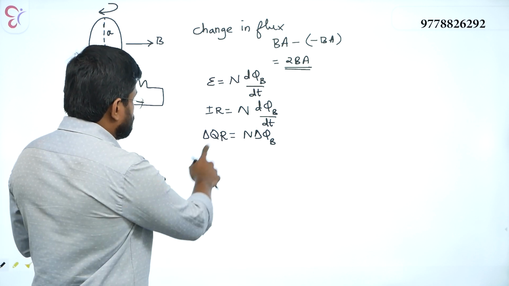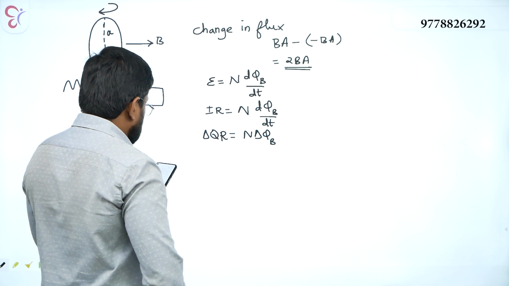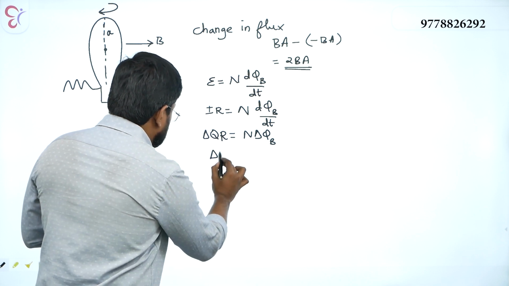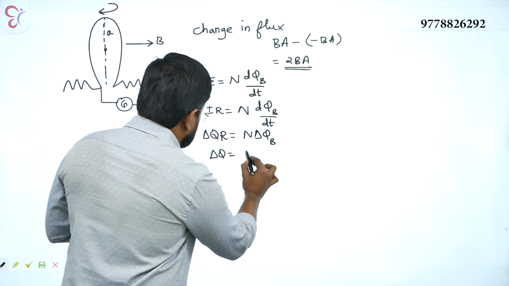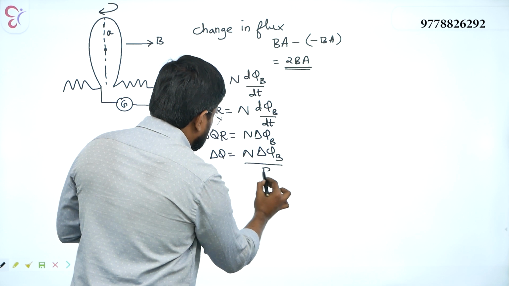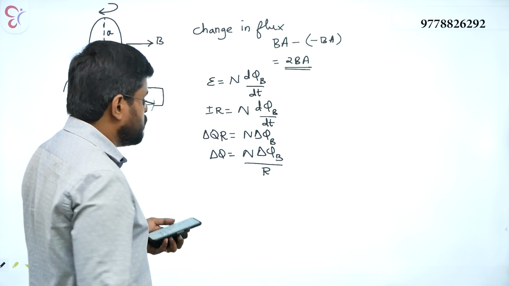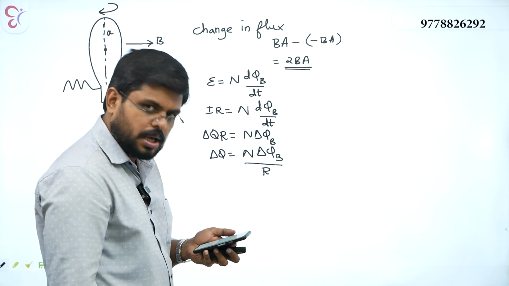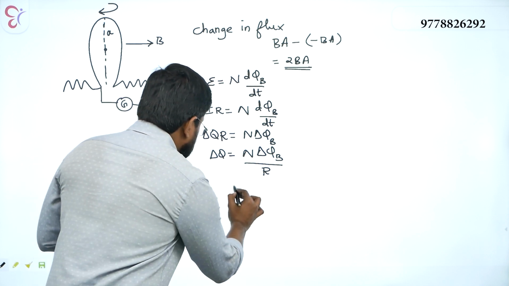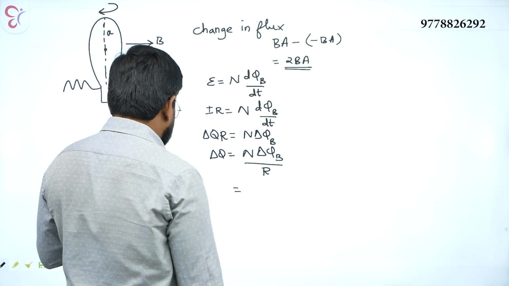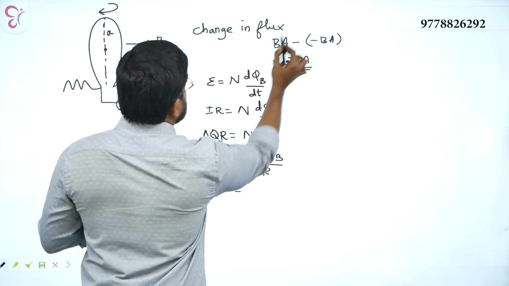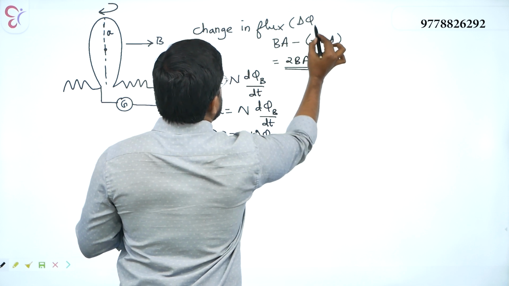So delta Q into R is equal to N into delta phi B. Then what is delta Q? Delta Q is equal to N into delta phi B divided by R. Clear? Then what is delta phi B?